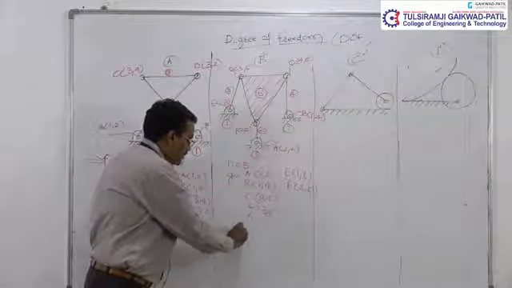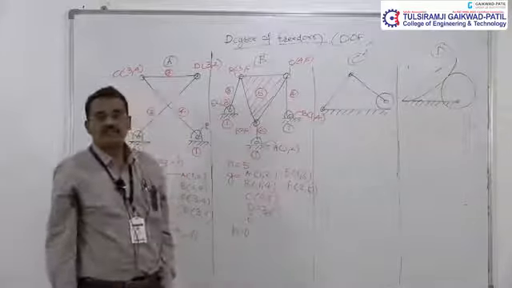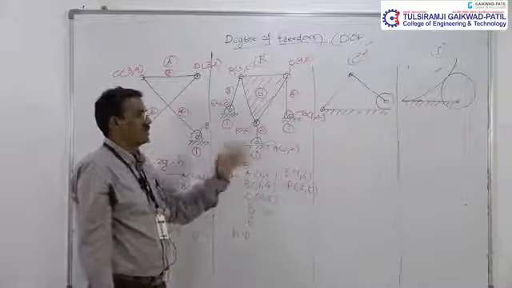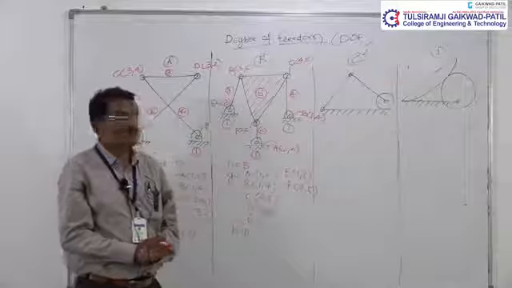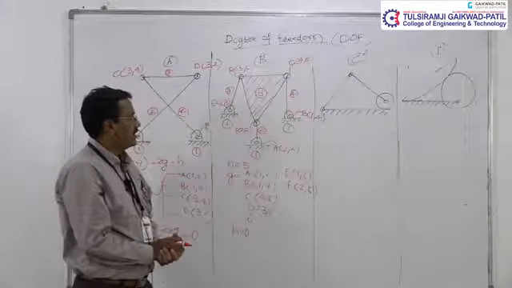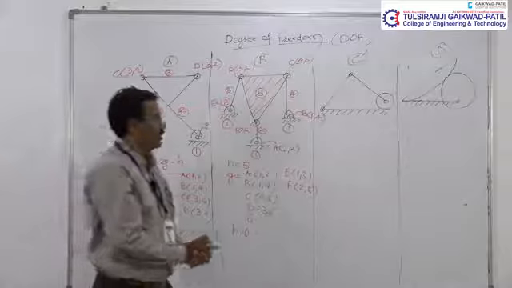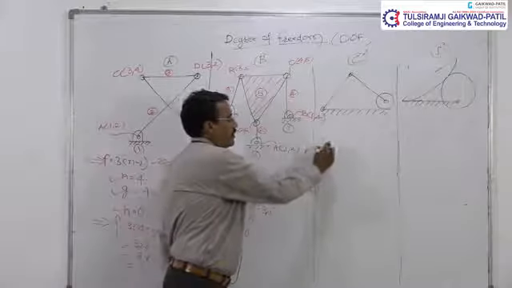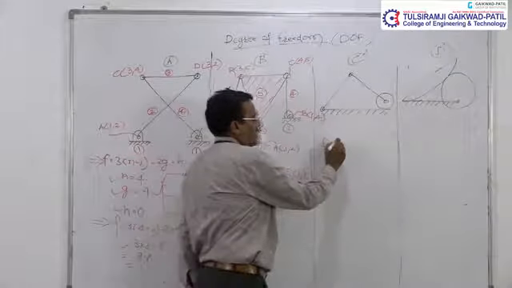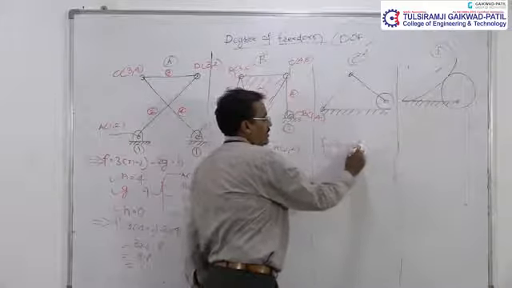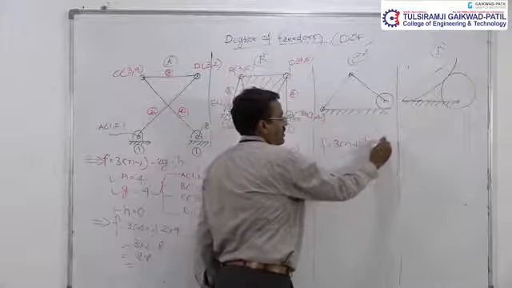As no curvature or circle is present in the mechanism, the value of higher pair becomes 0. We have to calculate the value of degree of freedom F. It is calculated by 3 times n minus 1 minus 2 times g minus h.